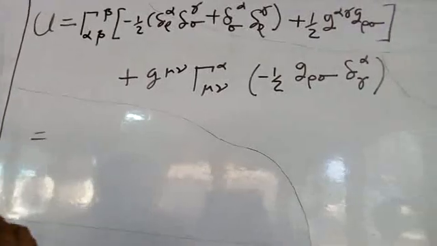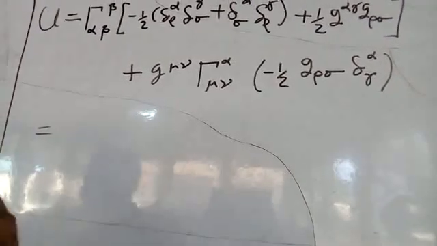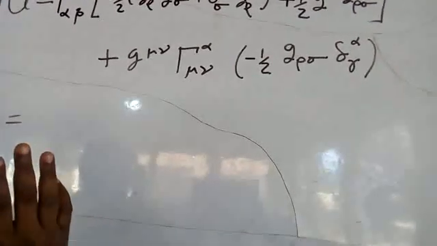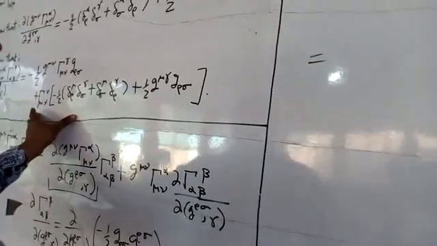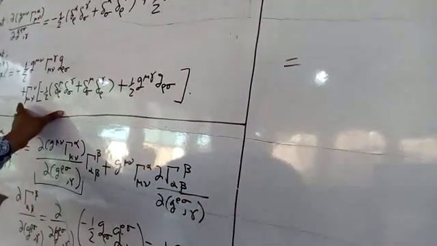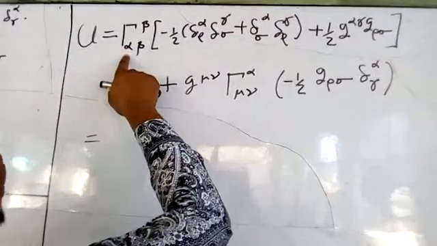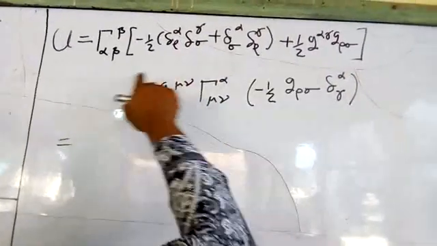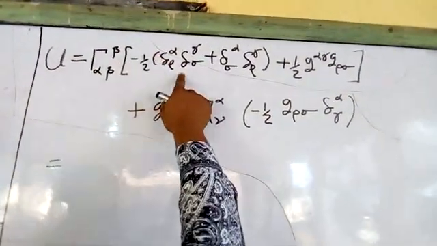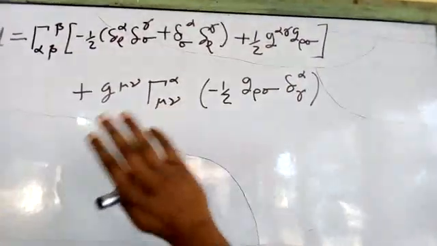Now, I would like you to see something here. Just in order to make it look alike to what we had in the results here, this is what we have as our second result or second term. Take note that beta is a dummy index, and alpha too is a dummy index, because if I were to open up this bracket, you see that this object will multiply this term, and this term, all separately.